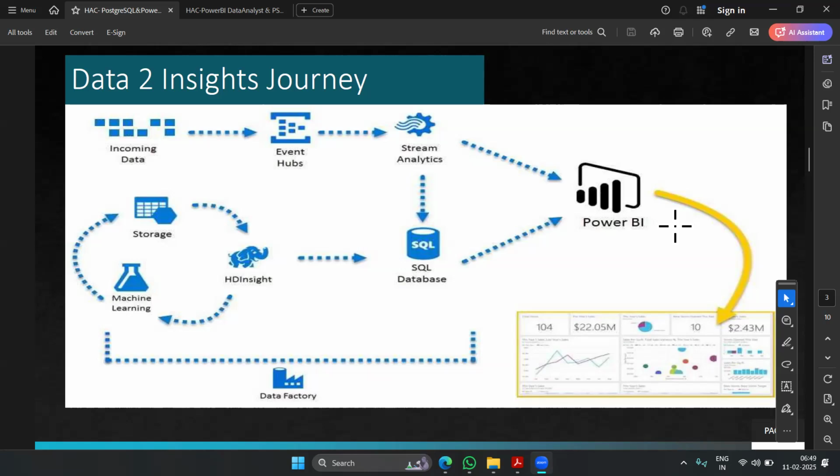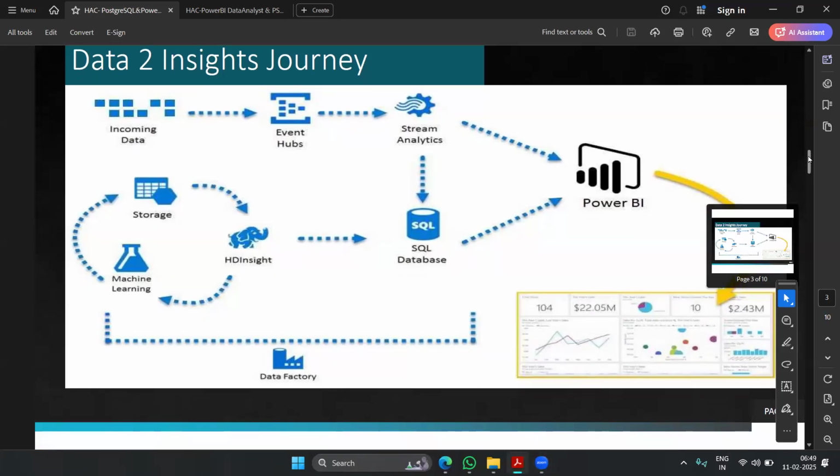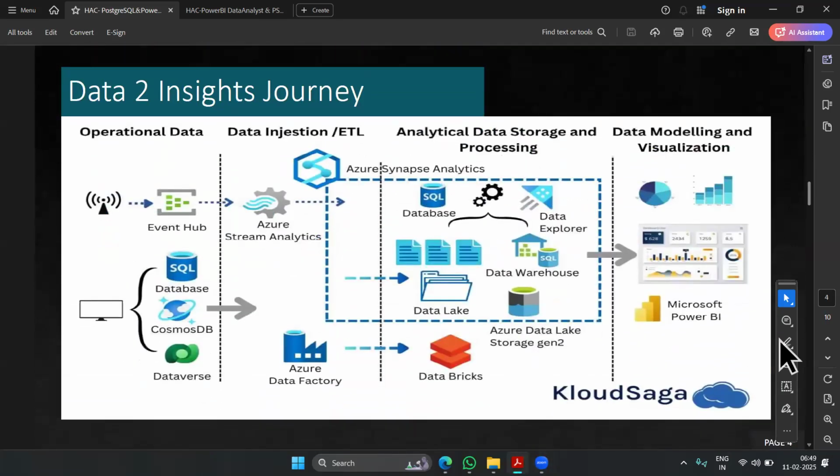Similarly, in our journey of making data into a visualization, we have different stages, and they are majorly classified into four stages. Operational data, which is about the day-to-day activities that are being captured.